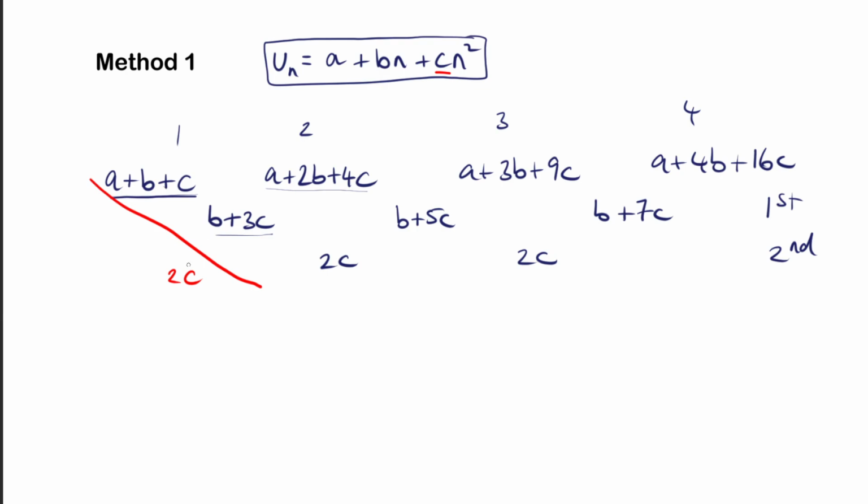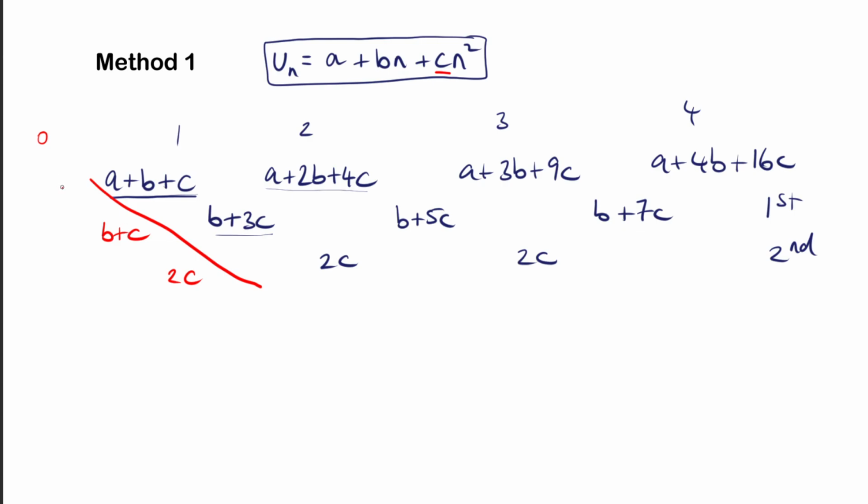If we want to go back, we can just do B plus 3C, take away 2C. Can we see that this must be B plus C? It follows the pattern B plus C, B plus 3C, B plus 5C, and so on. So what it's telling us is that the difference between the first term and the one before the first is B plus C.